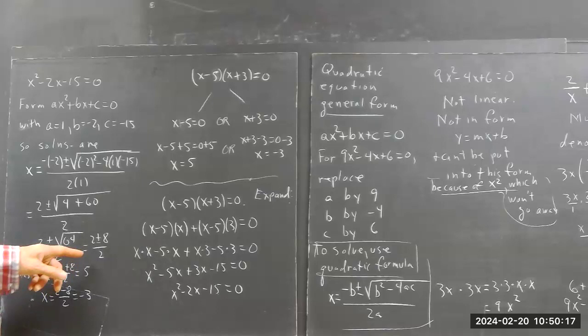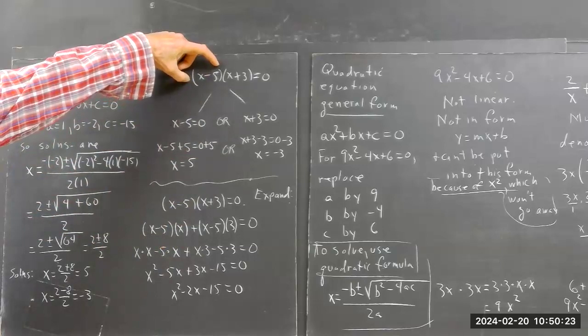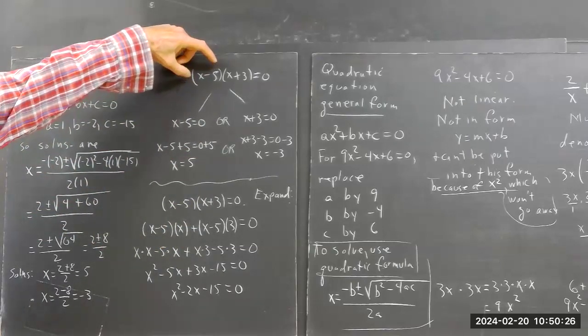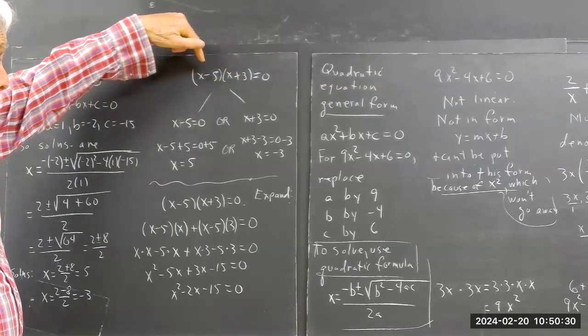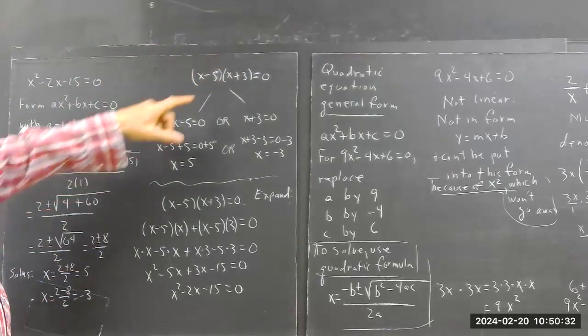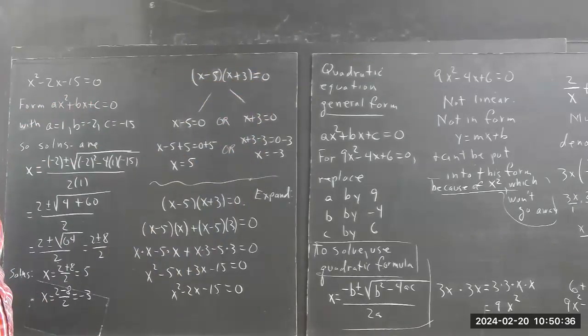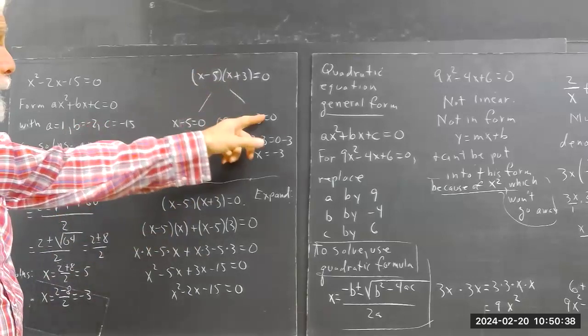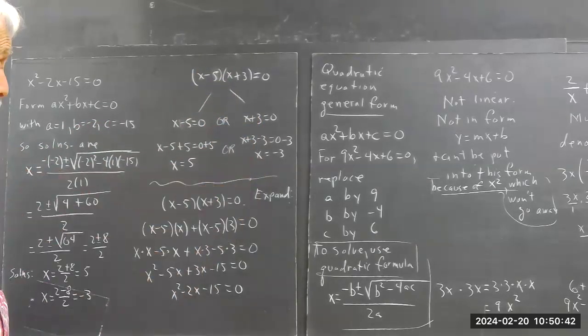Now, why should we get 5 and -3? Well, this is the equation that we solved up here. We solved it up here by looking at its factors. This equation started with a product of 2 factors that was equal to 0. So one factor or the other had to be 0, and it was easy to solve and find out what the solutions were.